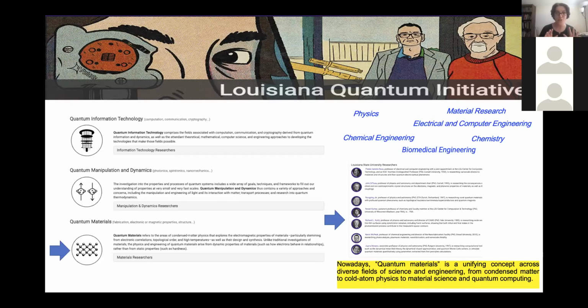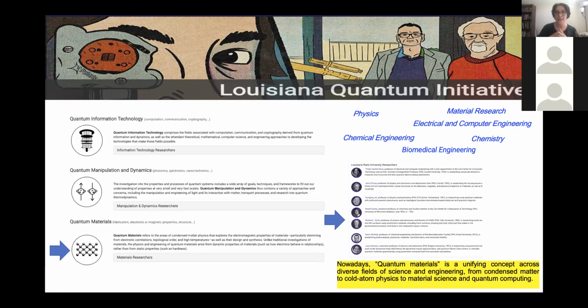I looked at your background, so I know that you're coming from various states. So your first homework could be to search what quantum initiative or quantum centers are launched in your home state. And since we are at LSU, we can take advantage of the existing Louisiana Quantum Initiative.